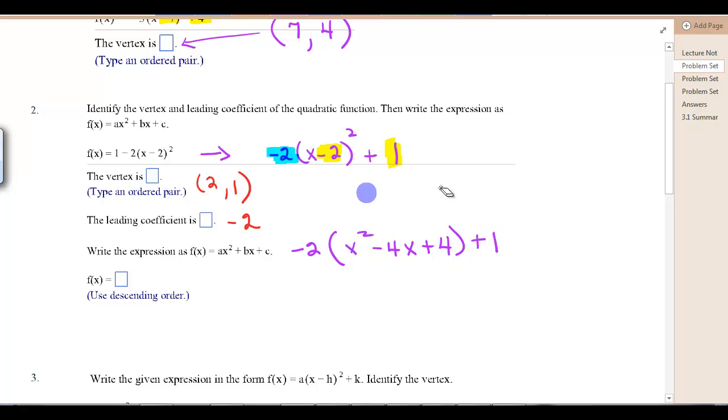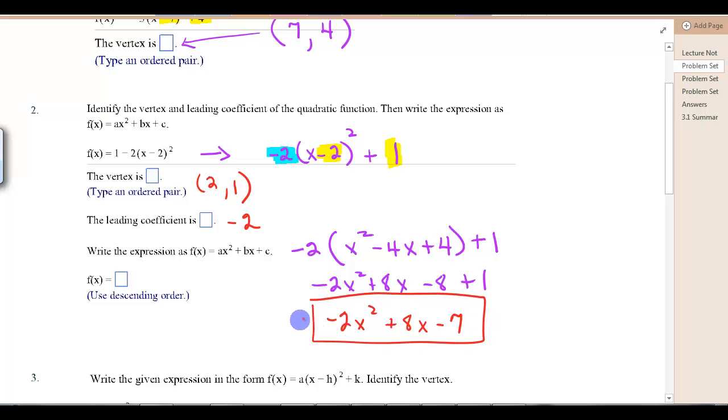All right, so now I have -2x squared plus 8x minus 8 plus 1. Final answer, -2x squared plus 8x minus 7. And that would be for that box.